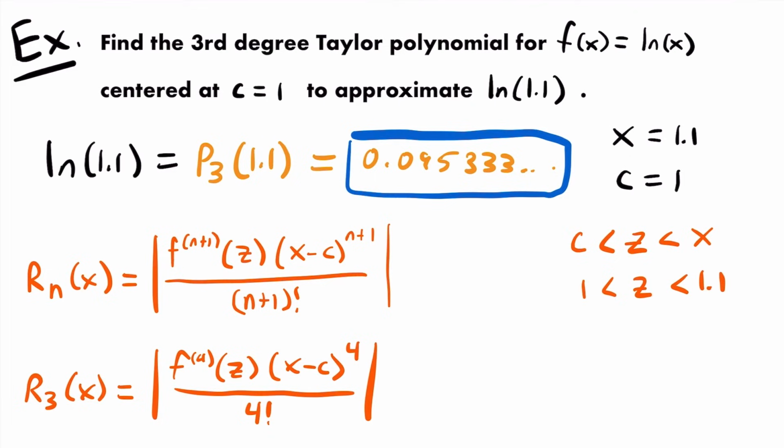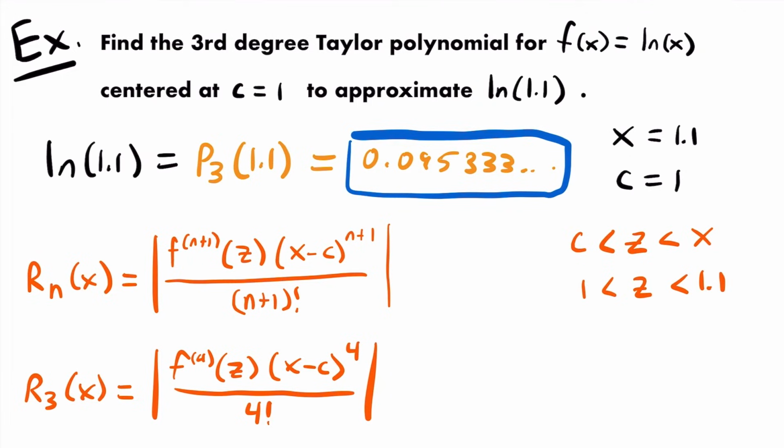And in order to figure that out, we first need to know what that fourth derivative of our function is. Whichever value of z, whether it be 1 or 1.1, makes that fourth derivative the biggest, ignoring the sign because we're going to take the absolute value, that is the value of z that we want to use for the error calculation. That will ensure that we are calculating the maximum error or the error bound.